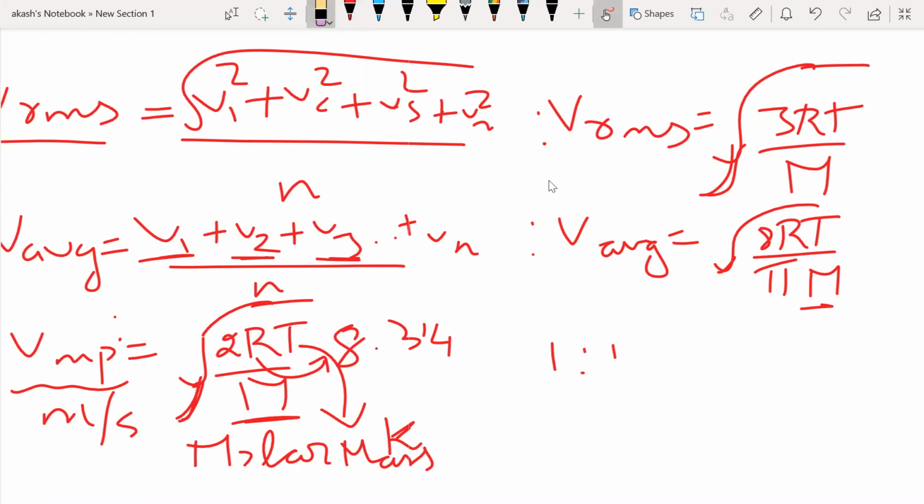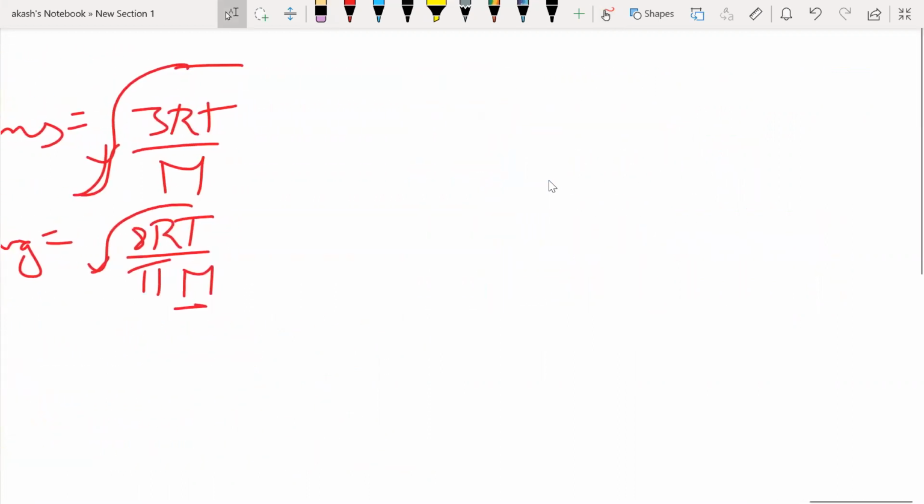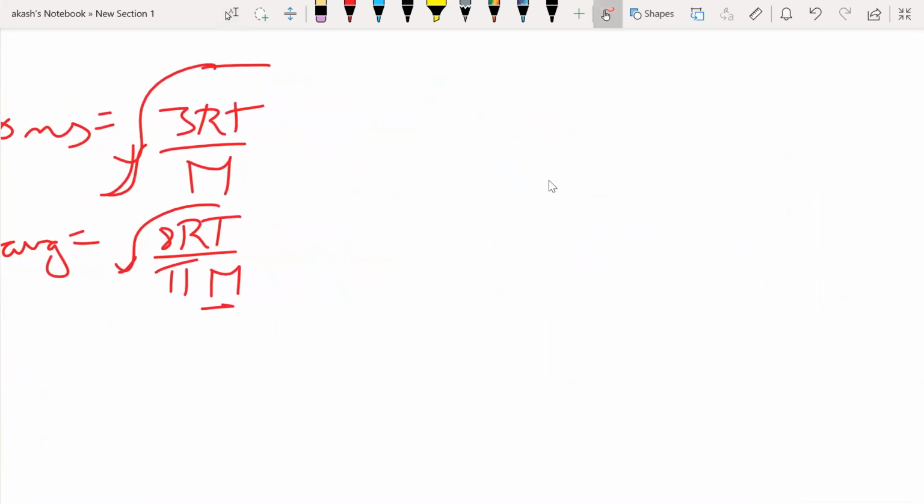Please check your books if you follow any reference books, because those values are given. They might ask the ratios of most probable velocity versus RMS velocity versus average velocity, so please be careful with that. So that's about the velocities. The next thing is, since we're talking about velocity and movements, we will spend some time on this particular phenomenon.